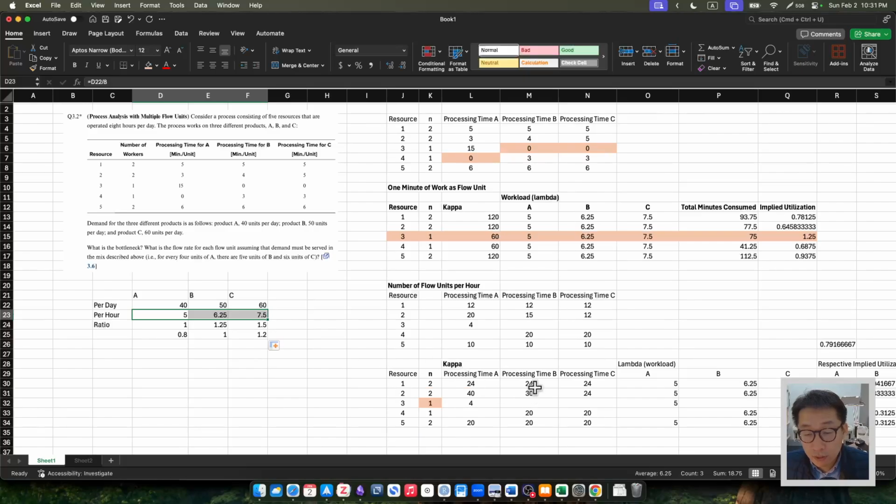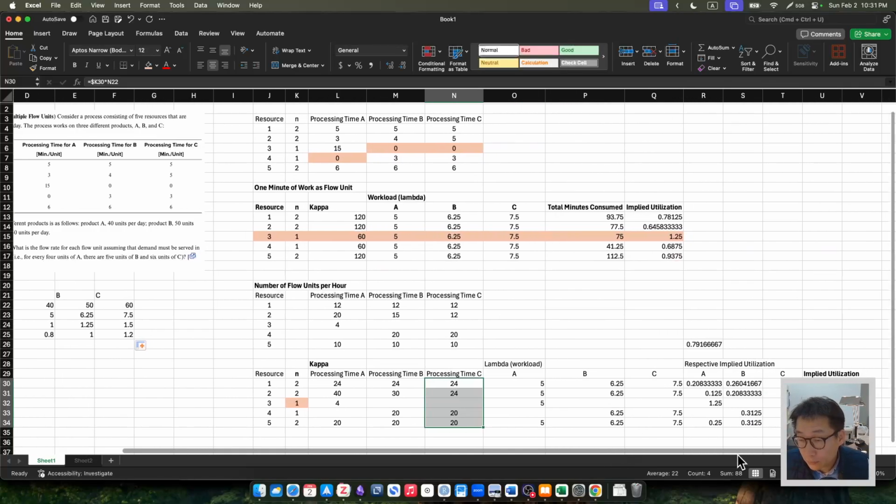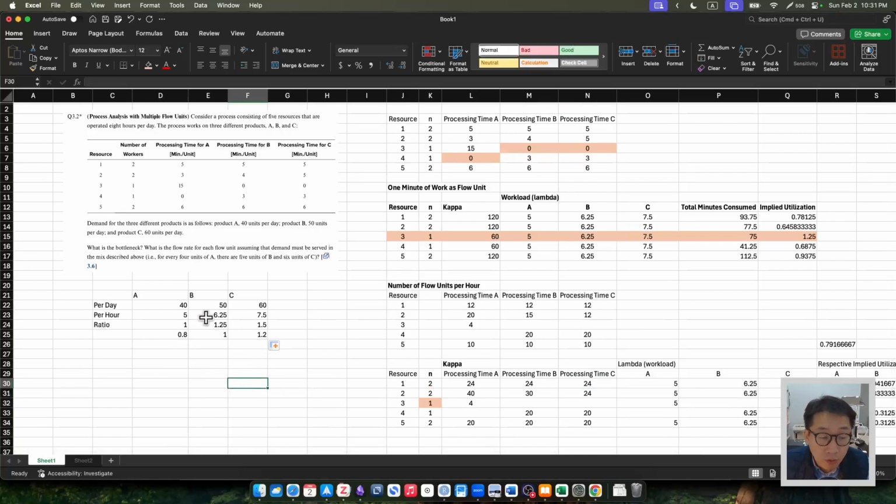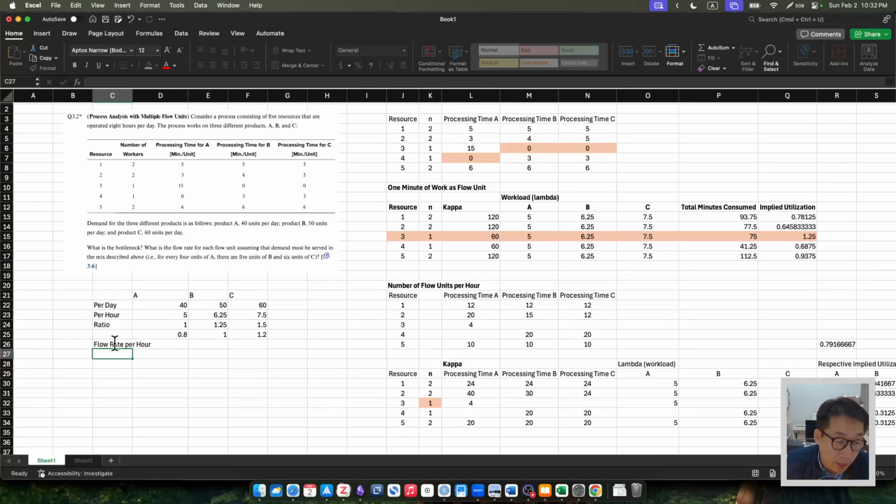flow rate. If you look at B and C, their bottleneck is not that low, so we don't have an issue with B and C. So again, the straight answer is that in each hour we can only make a maximum of 4 units of A. I think the flow rate per hour in this case is basically 4, right?